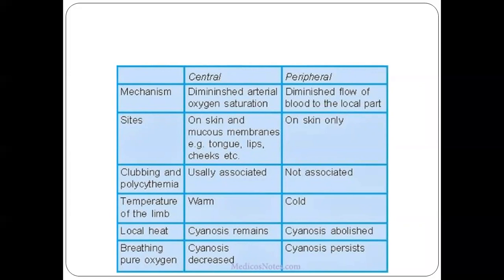Clubbing and polycythemia are usually associated with central cyanosis, and not with peripheral. In central cyanosis the temperature is warm, and in peripheral cyanosis it is cold. Local heat keeps the cyanosis in central cyanosis, while in peripheral cyanosis it is abolished.